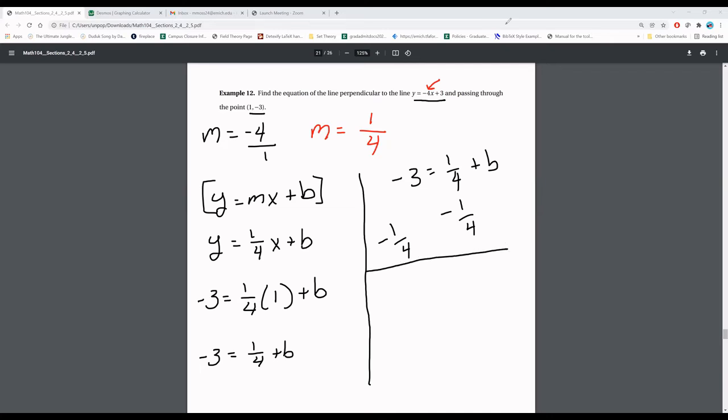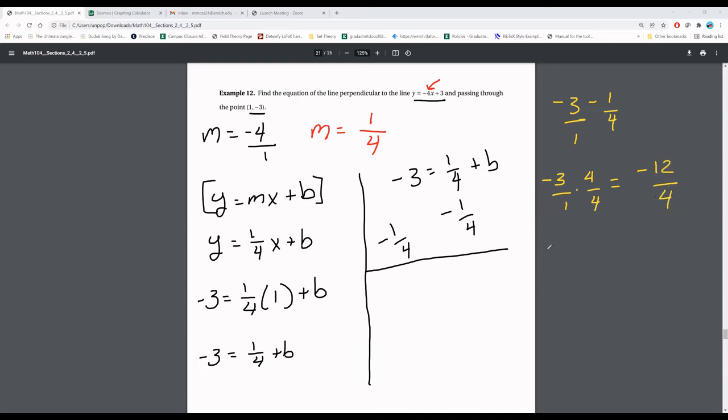I have to do my old adding fractions trick. I have a negative 3 minus 1 over 4. That's a negative 3 over 1, so the denominator I'll use is 4. I put 3 over 4 by multiplying by my fancy 1, 4 over 4. So negative 3 is the same as negative 3 times 4, which is negative 12 divided by 4.